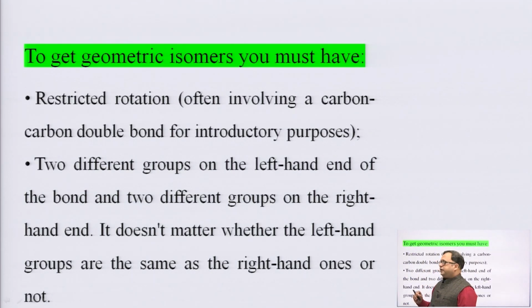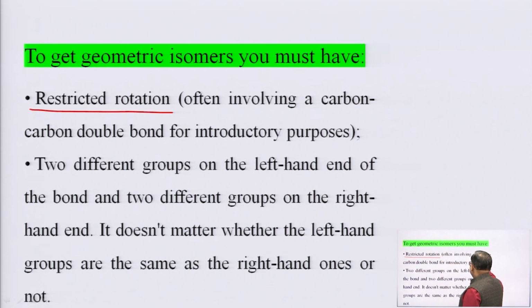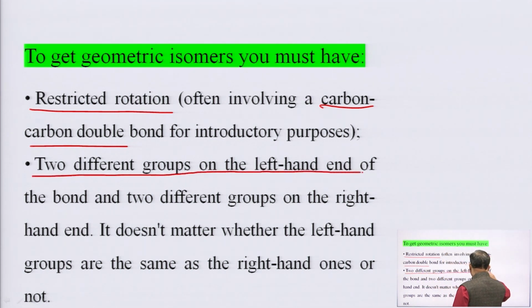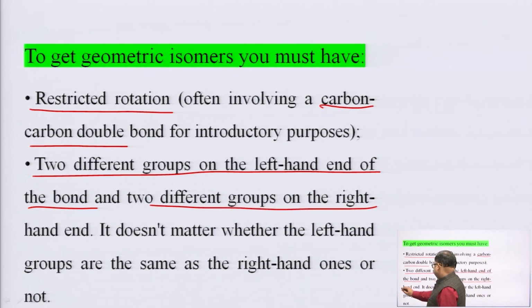So, what we have to conclude right now is that to get geometric isomers, we must have restricted rotation. Generally, it is achieved with the presence of a carbon carbon double bond and 2 different groups on the left hand end of the bond and 2 different groups on the right hand end.